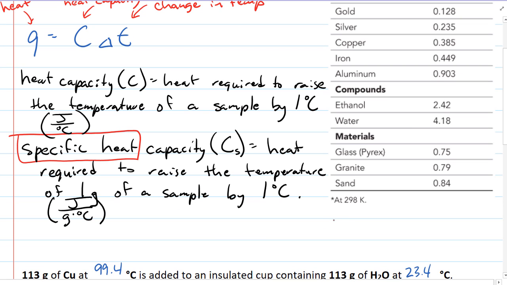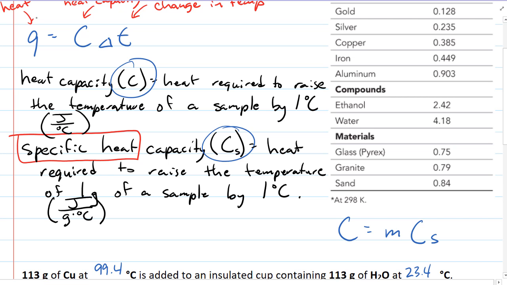We'd say that this is the relationship right here. C, I'll put it in a different color, C is equal to the mass times the specific heat capacity. So again, this value C right here is equal to the mass times the specific heat capacity.